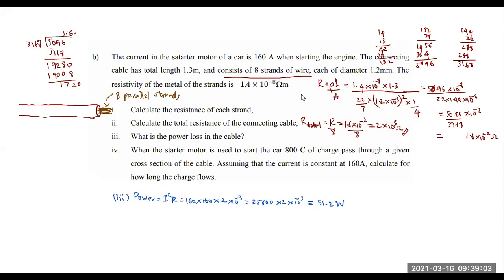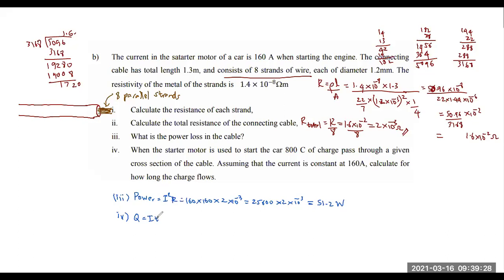Okay, right. 51.2 watt. When the starter motor is used to start the car, 800 coulomb of charge pass through a given cross section of the cable. Assuming that the current is constant at 160 ampere, calculate for how long the charge flows. That's easy, no? What do you do there? Q equals IT.